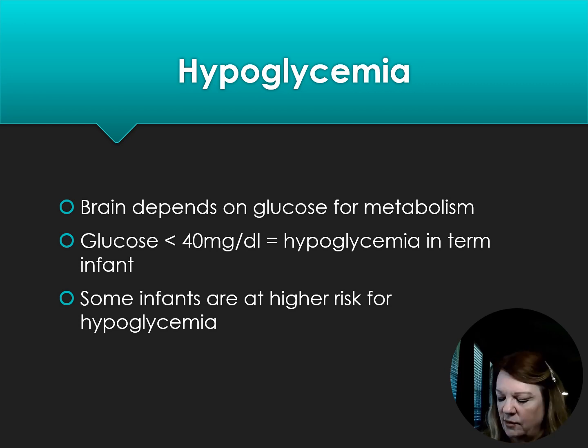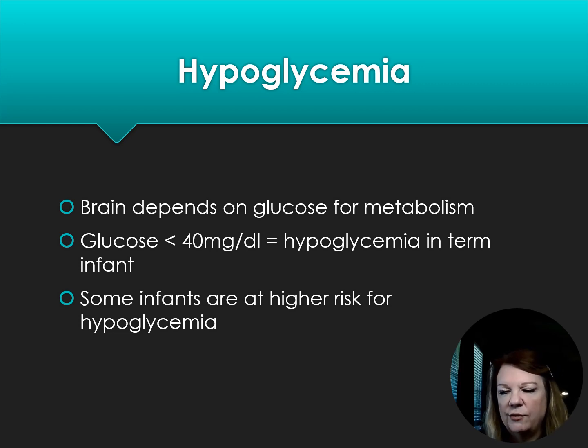Okay, we talked about hypoglycemia. So hypoglycemia can happen very quickly with an infant. So that's something to really watch for. Their brain does depend on glucose for metabolism. Okay, the infants at risk for hypoglycemia are preterm and postterm, diabetic mothers, and large for gestational age babies. Those are usually your babies over 4,000 grams or over 9 pounds.